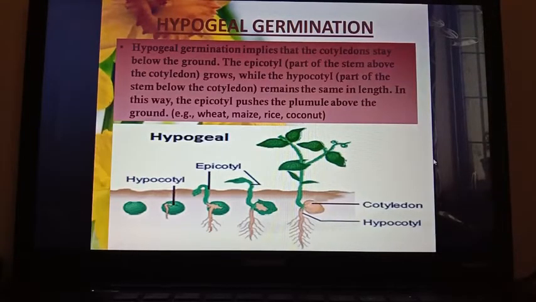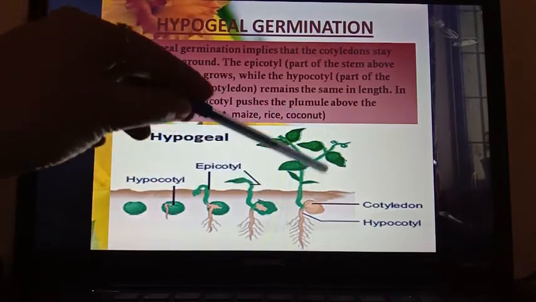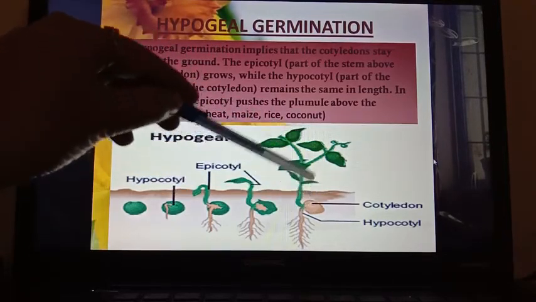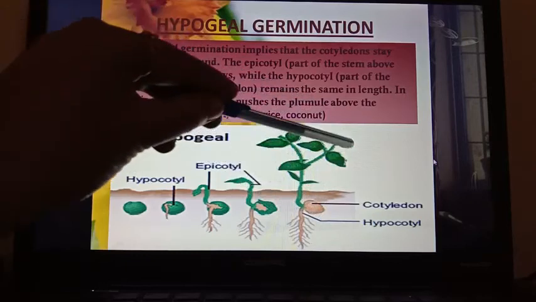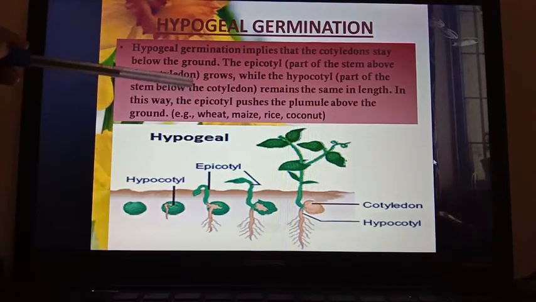Okay. So hypogeal germination implies that the cotyledons stay below the ground. Epicotyle, that is the part above the cotyledon, grows, while the hypocotyle, that is the part below the cotyledon, remains the same in length. So in this way, epicotyle pushes only the plumule part above the ground, not the cotyledon part. Only the plumule part is coming out from the soil and forming the shoot system. Example, wheat, maize, rice, coconut.